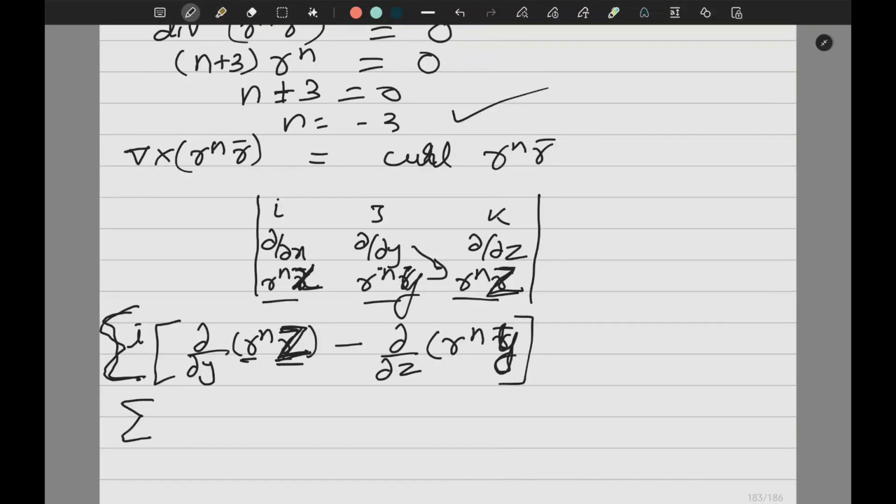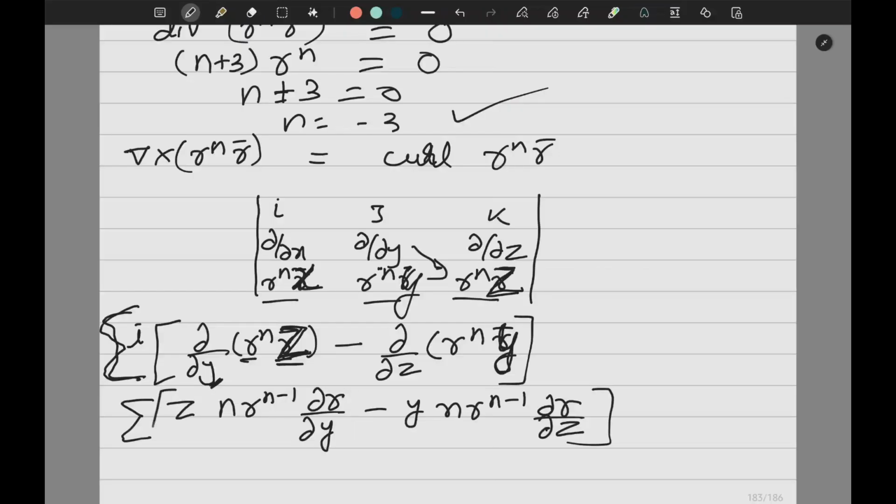Now apply the product rule. Product rule is not required because I am differentiating with respect to y and it is z, so z is a constant. So differentiation of r to the power n is what? n r to the power n minus 1 dou r by dou y, minus y n r to the power n minus 1 dou r by dou z. Correct?